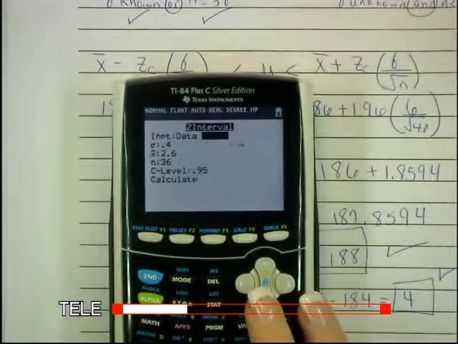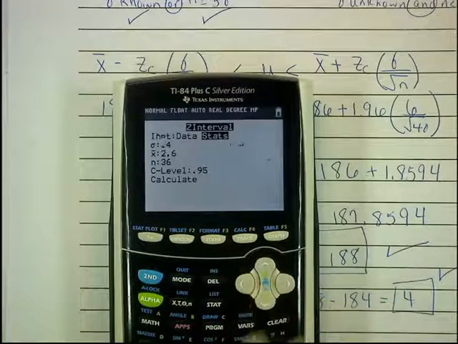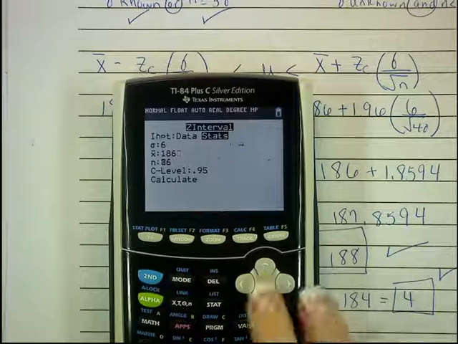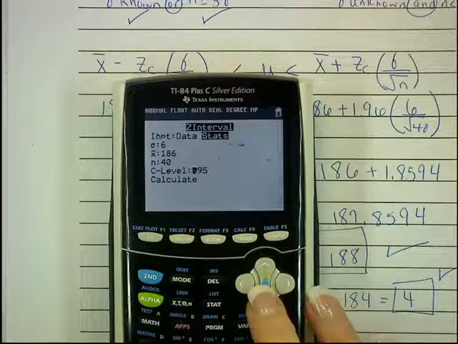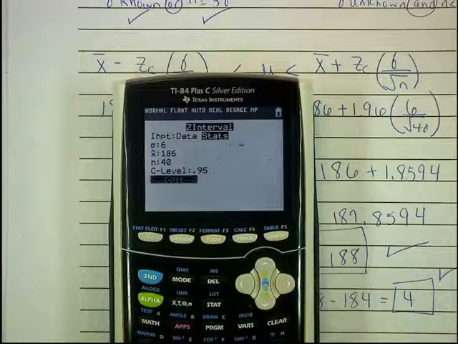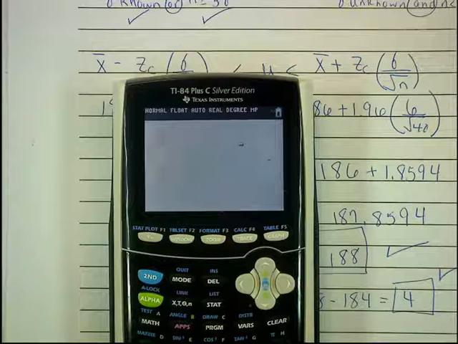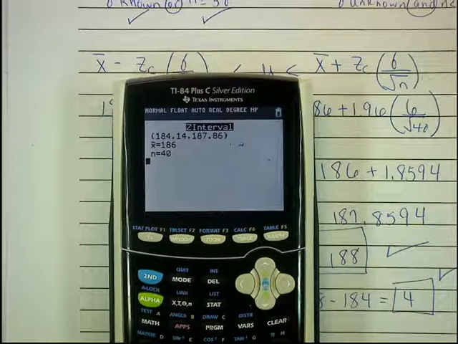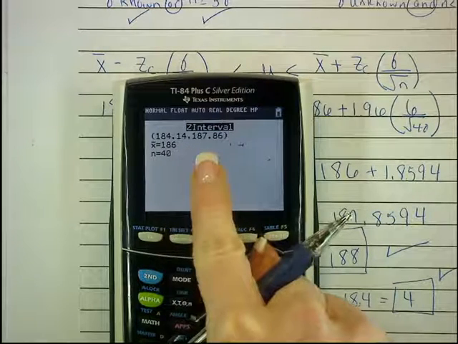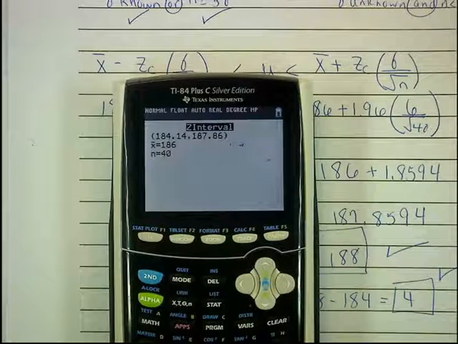This is statistical data. Sigma is known to be 6. The mean score of the 40 bowlers is 186. We have 40 bowlers. It's still 95% confident, and calculate. 184 to 188 if you round to a whole number accurately.